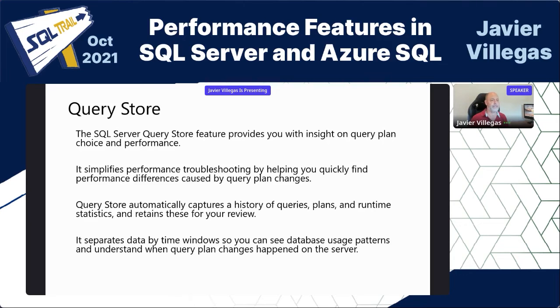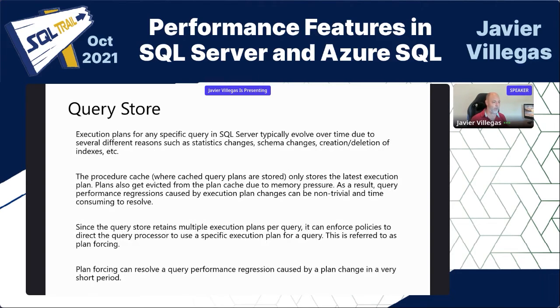Again, starting since SQL Server 2016, we have this feature Query Store that in SQL Server is disabled by default, but in Azure SQL is enabled by default. That means that if you create a brand new database in SQL Server, this feature is there, but you have to enable it. In Azure SQL, when you do a create database, for example, this feature is enabled by default.